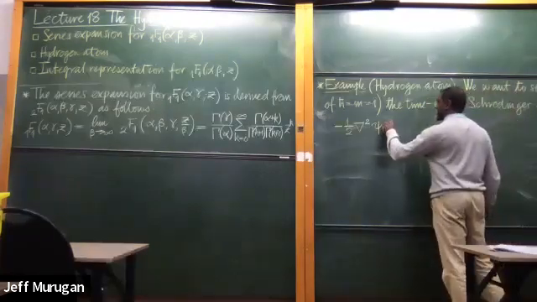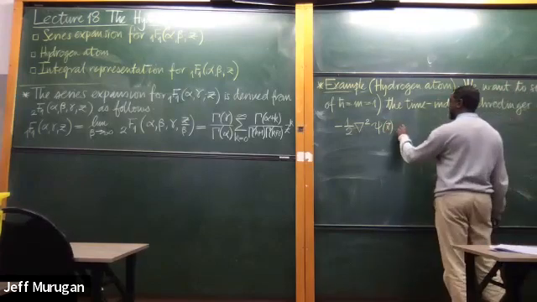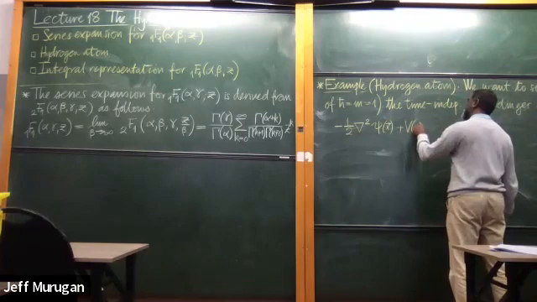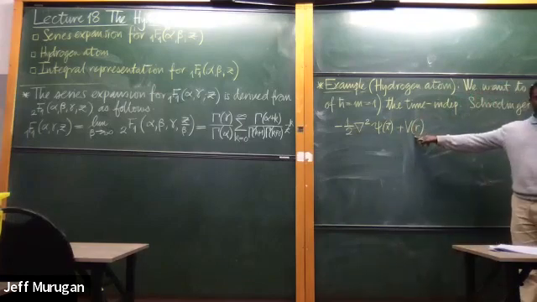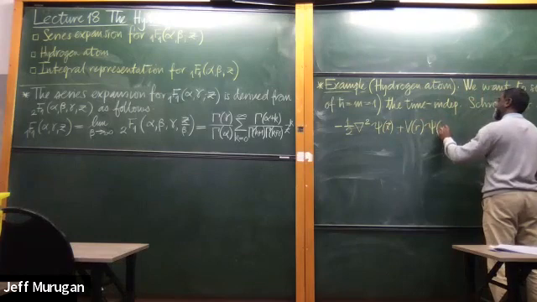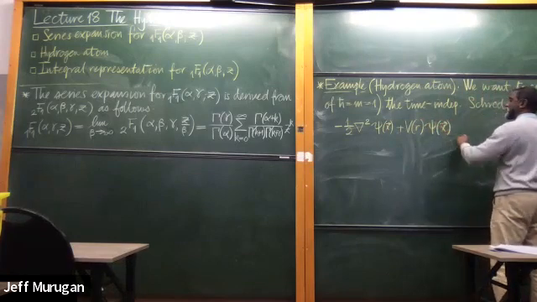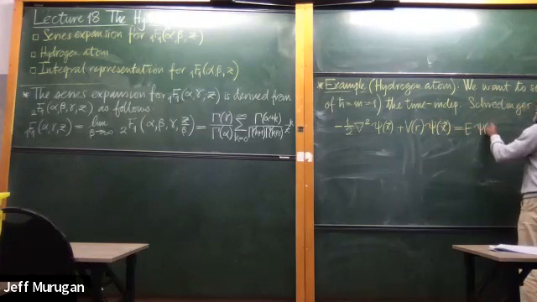I'm going to go to 3D, so x is a three-dimensional vector, plus some potential. In fact, this is what's going to make this problem special. This potential is a central potential. It's only radially dependent, times psi of x equal to the energy times psi.